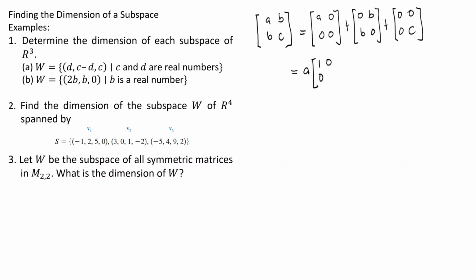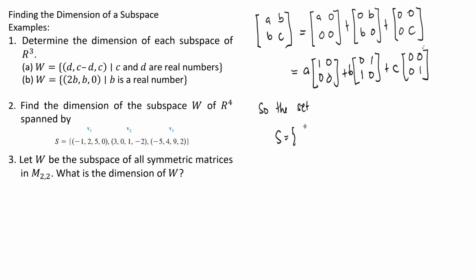We have A times [1 0; 0 0], plus B times [0 1; 1 0], plus C times [0 0; 0 1]. Okay, so the set S containing the matrices [1 0; 0 0], [0 1; 1 0], [0 0; 0 1] spans W.